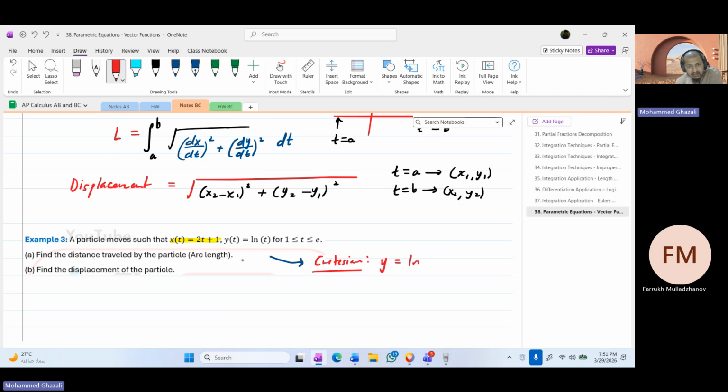What is t? t is x minus 1 over 2. Dividing both sides by 2, so half x is basically x minus 1 over 2, isn't it? So you can write this as ln of x minus 1, subtract ln 2, right? So this is a function. Basically this was an ln graph, and it shifted 1 unit to the right and ln 2 units down. So you get a graph like this.